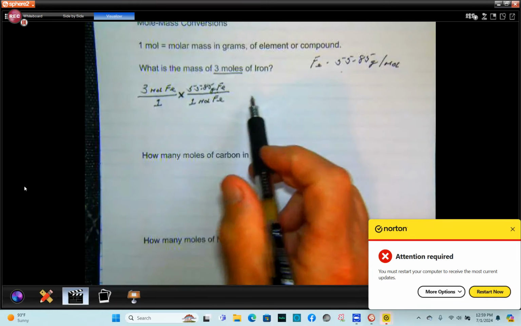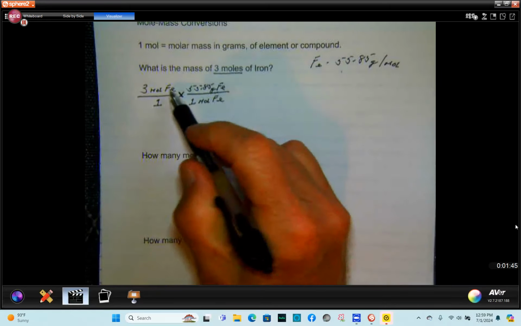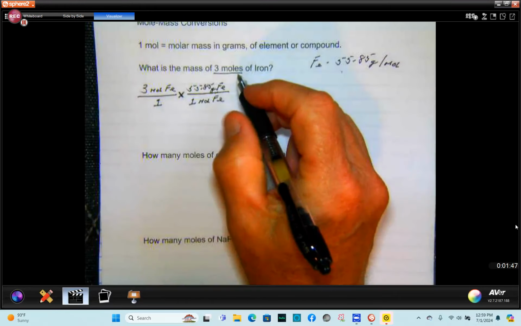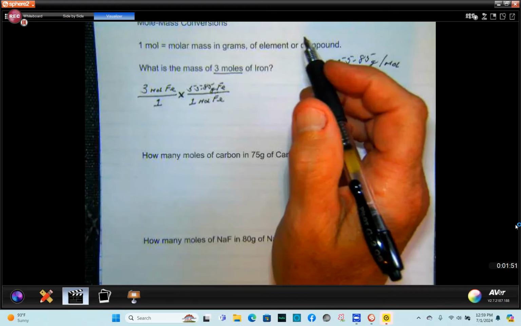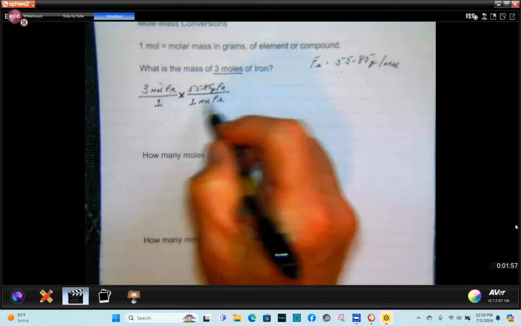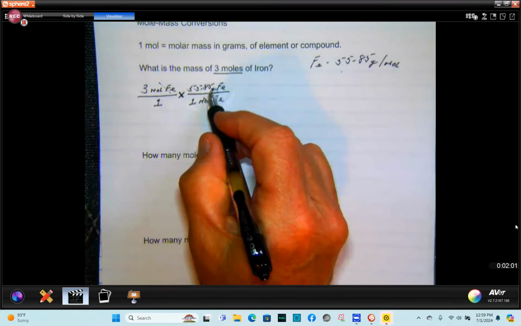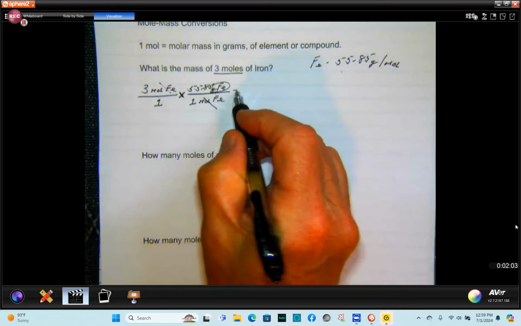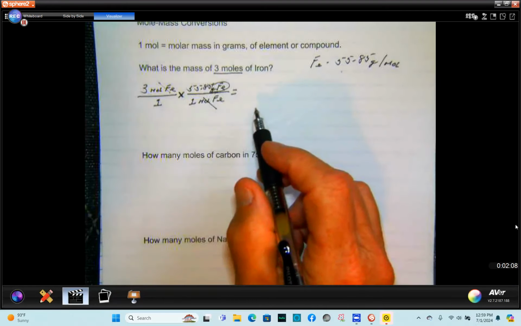The beauty of the factor label method is if you can cancel out the labels, it's really a good check to know if you're on the right track to solve your problem. So we've got moles of iron in the numerator, moles of iron in the denominator. We want mass or grams, and that's what we have left. So we know our setup is correct.